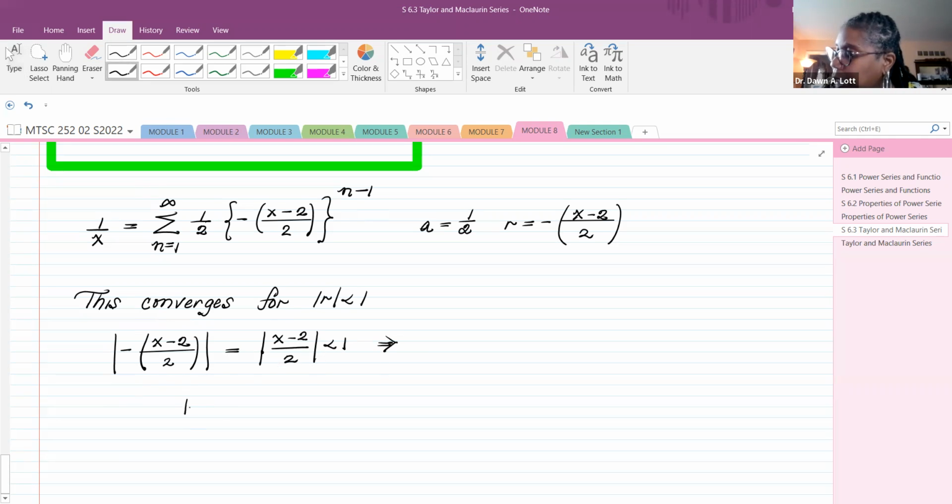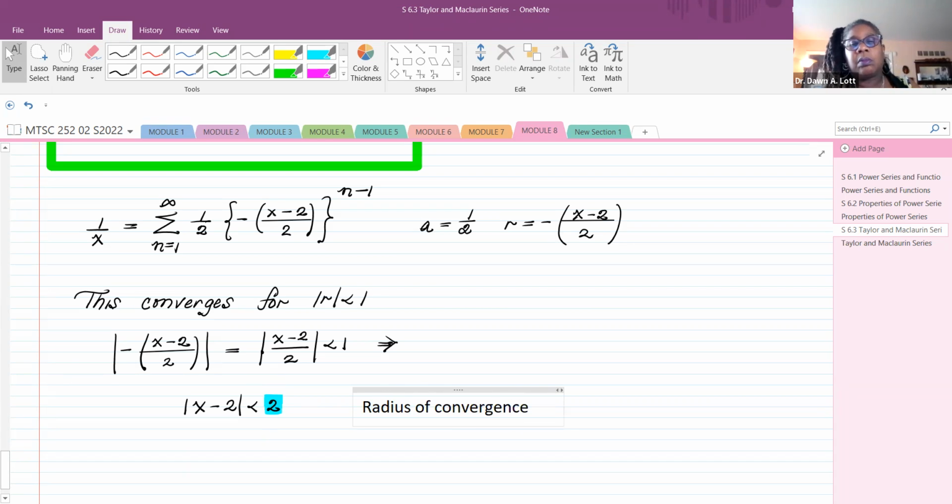So that gives me the absolute value of x minus 2 is less than 2. And this number has a special name. Does anybody know what that name is? That's the radius of convergence.